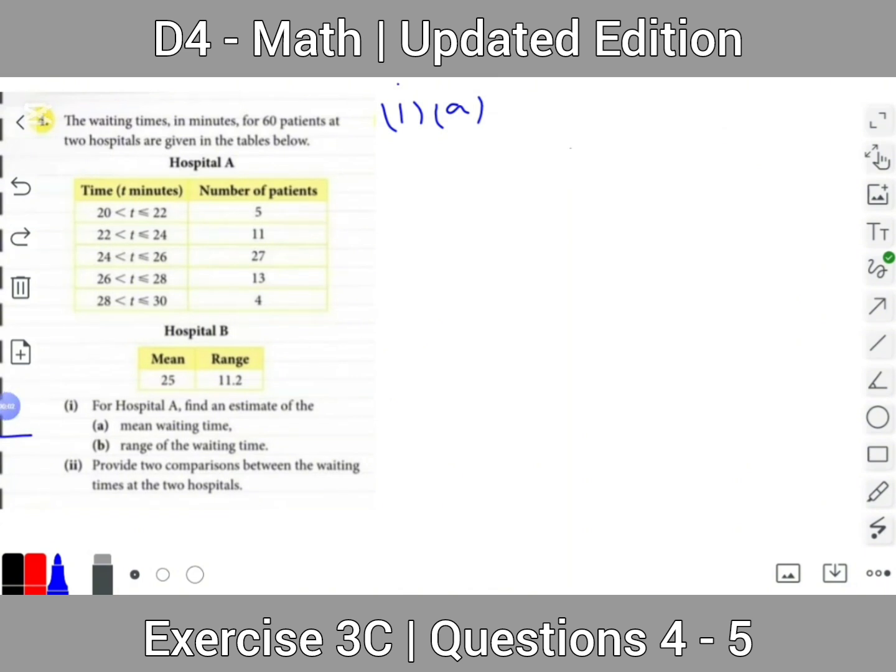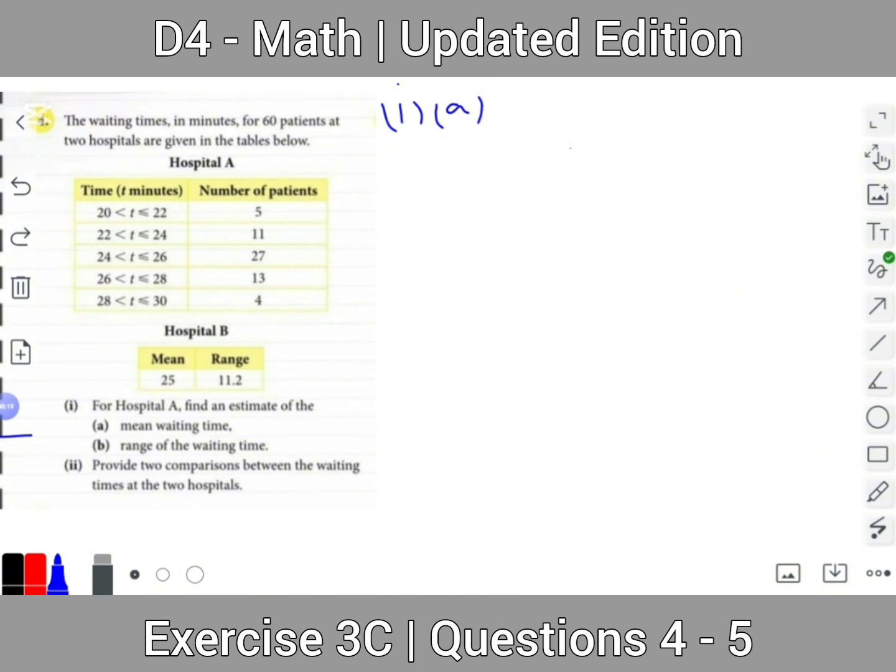The mean is an estimate because we do not know the exact waiting time. So we take the mid value of each class interval as the representative x value for that particular class interval.